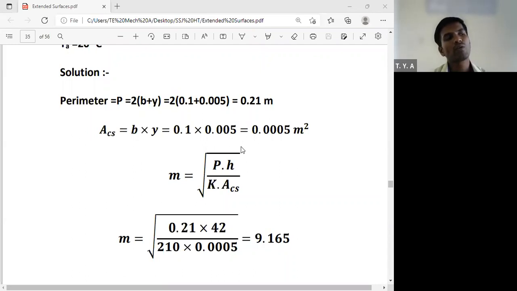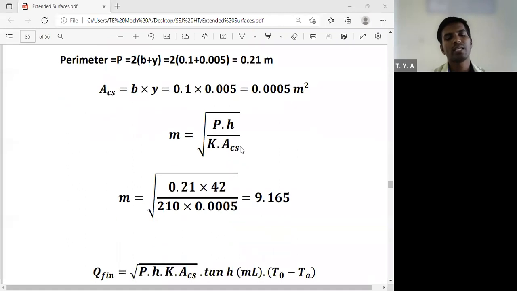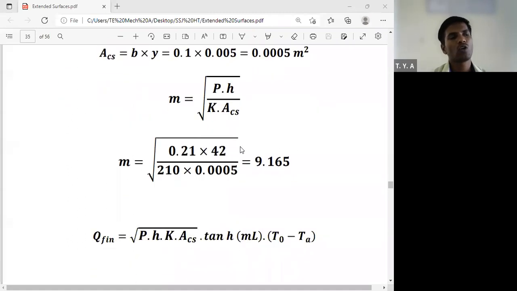Okay, so our aim is to calculate the Q fin. So what is the equation of the Q fin? Square root of P into H into K into cross section area, into tan hyperbolic ML, into (T0 minus TA). Okay, so all of you put the values into this equation and find out the value of Q fin.